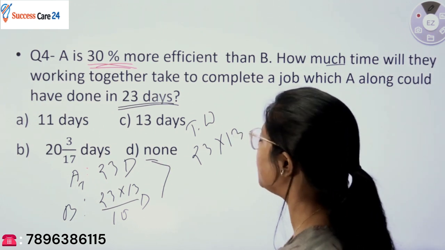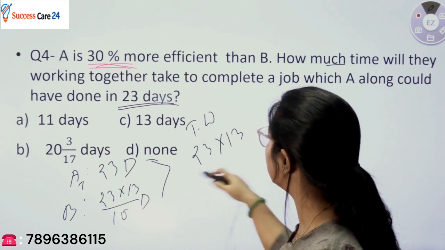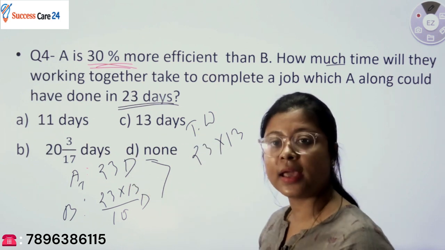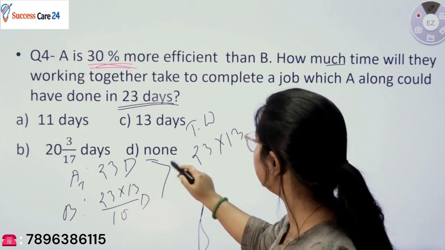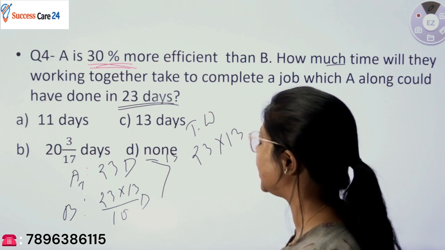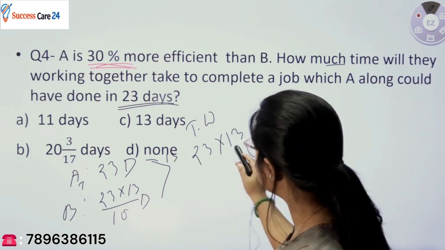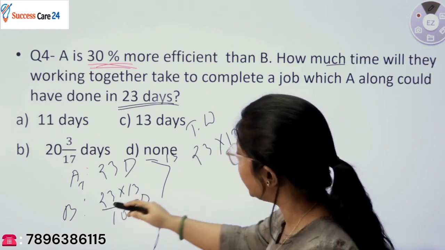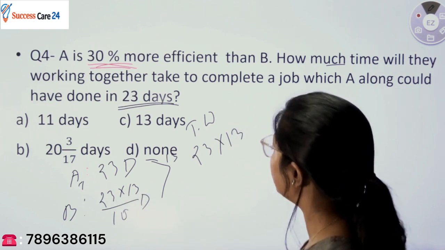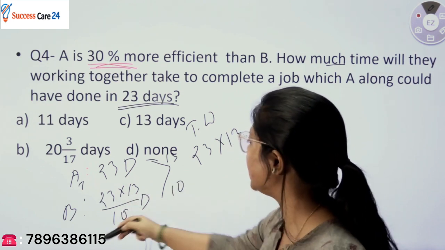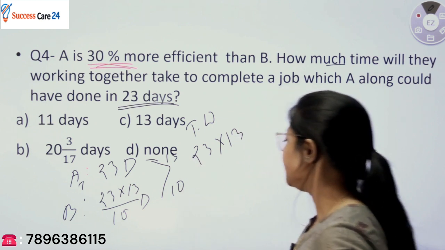If you divide the total work by the number of days taken by A, you get 13. So this was the efficiency of A. And if we divide 23 into 13 by 23 into 13 by 10, you get 10. So the efficiencies of A and B are 13 and 10.